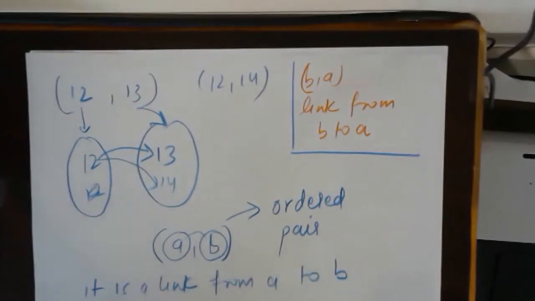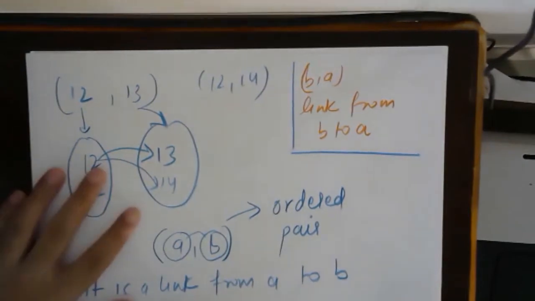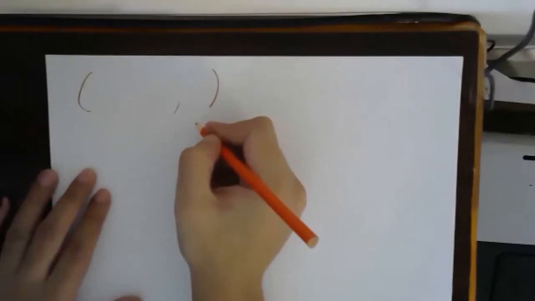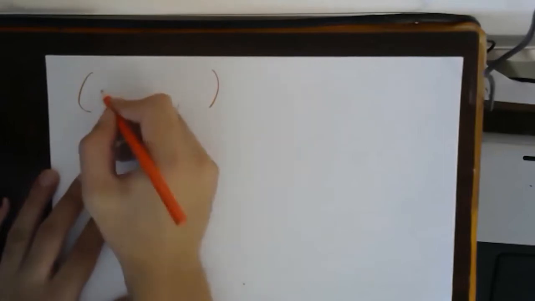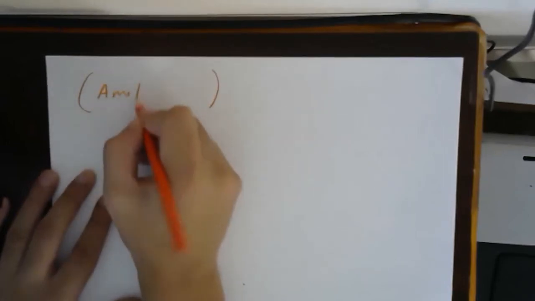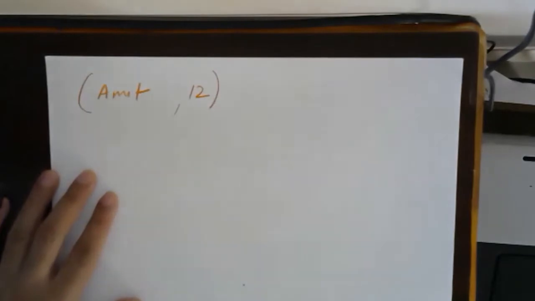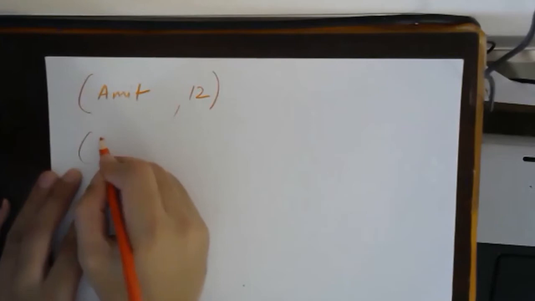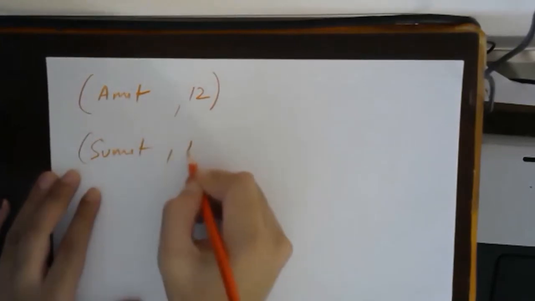My explanation is, this is a link from a to b. Suppose I'm representing the name of the student and the class. My name is Amit and I am from 12th class. Sumit is also from 12th class.